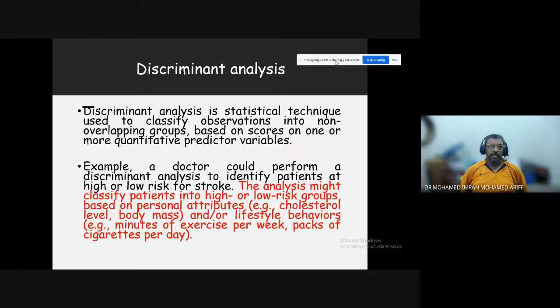Discriminant analysis. Okay. A discriminant analysis, okay, baca yang bahagian atas tu maksud dia. Terus for example, a doctor could perform a discriminant analysis to identify patients at a high or low risk for stroke. The analysis might classify patients into high or low risk.